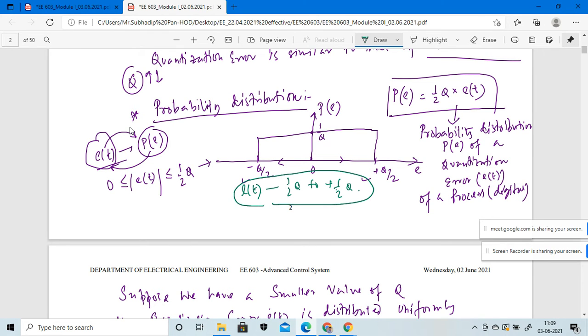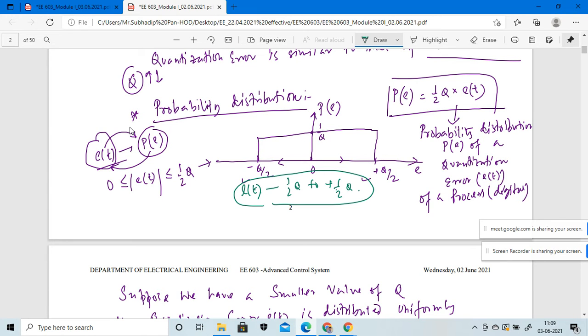That is the uniform distribution of the error, and that error acts as noise. That is obvious, as a rough assumption, some noise will arise. However, the quantization error signal has a very small amplitude.